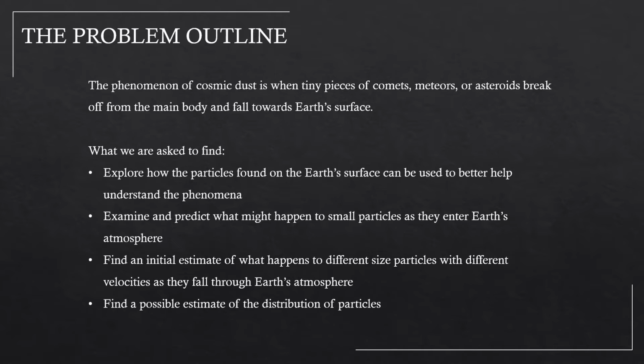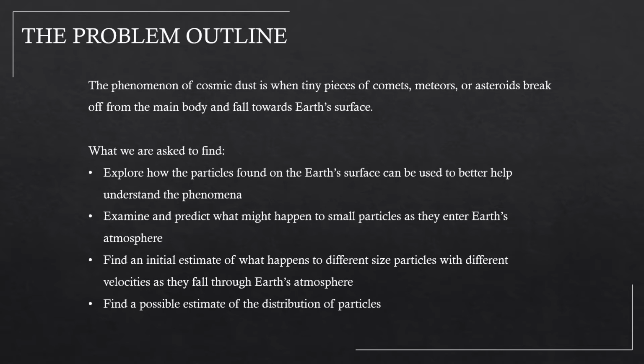The phenomenon of cosmic dust is when tiny pieces of comets, meteors, or asteroids break off from the main body and fall down towards Earth's surface. We were asked to find how these particles found on the Earth's surface can be used to better help our understanding of the phenomenon.